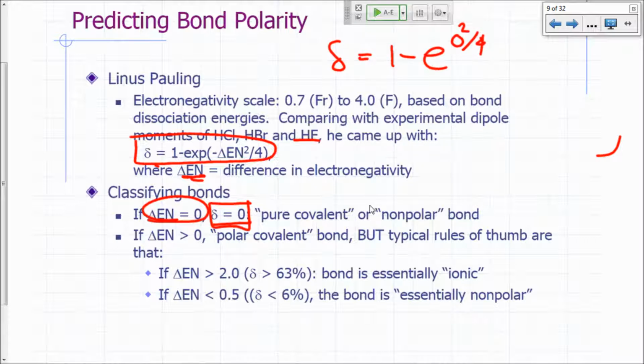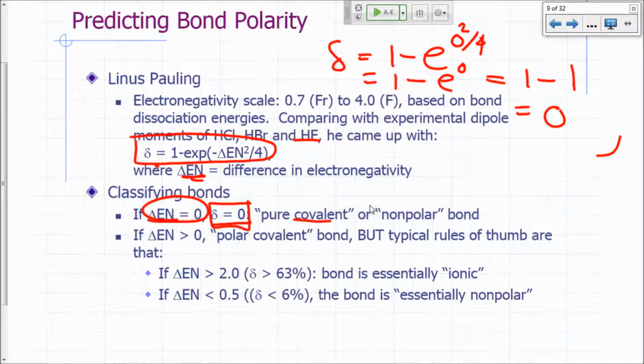So what is 0 squared divided by 4? 0. What is e to the 0? Anything raised to the power 0 is 1. So what's 1 minus 1? 0.